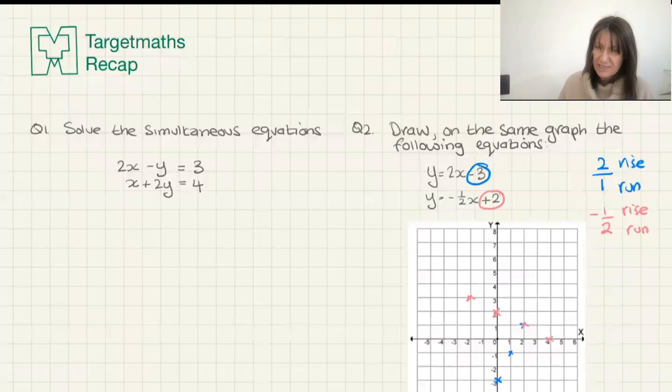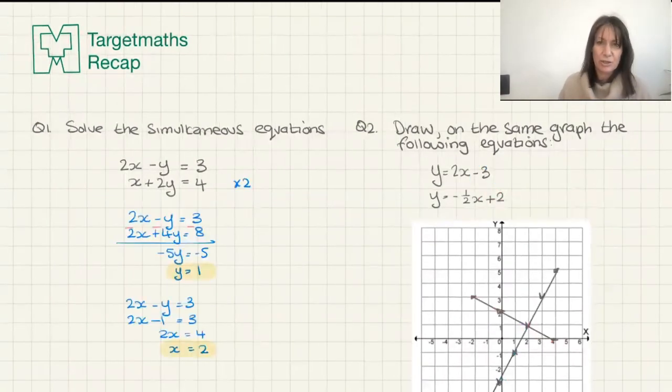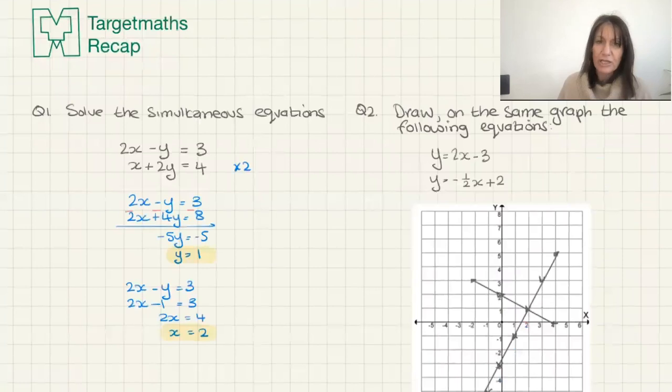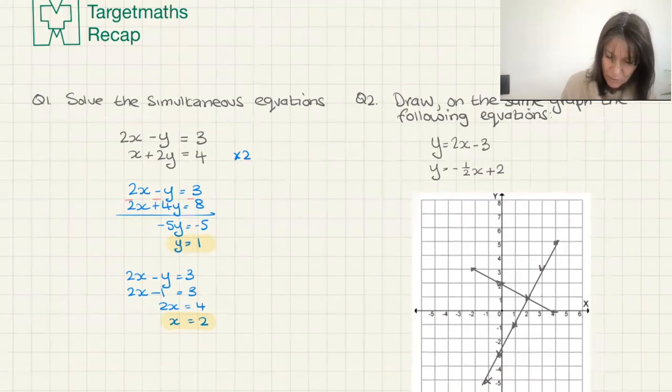But obviously with the skills that we've been doing across this course, that should be fairly straightforward for you. So this is what the final answer looks like. So you've got the two equations solved simultaneously, so y equals 1 and x equals 2, and you've got your lines. Now, the reason for this is because I wanted to show you something.